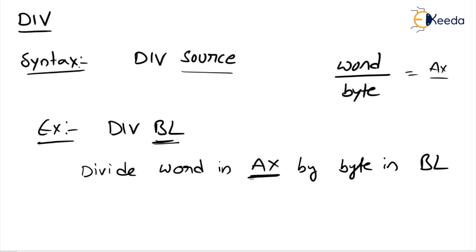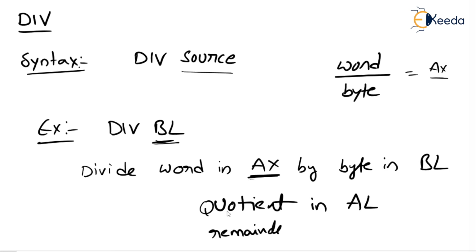Now, where will the quotient be stored? The quotient is in AL, and the remainder is in AH.